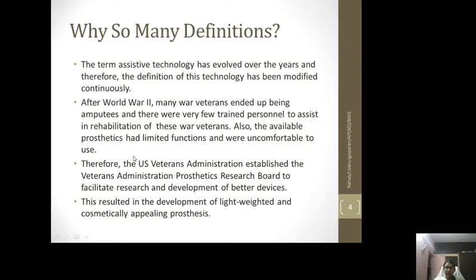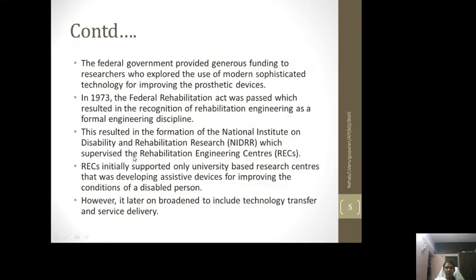So earlier, it was evident that this person was an amputee because of the kind of assistive devices that they used. So, as time progressed, these devices became more lightweight. Devices became more aesthetically and cosmetically appealing. So they were like resembling the normal arm as much as possible.